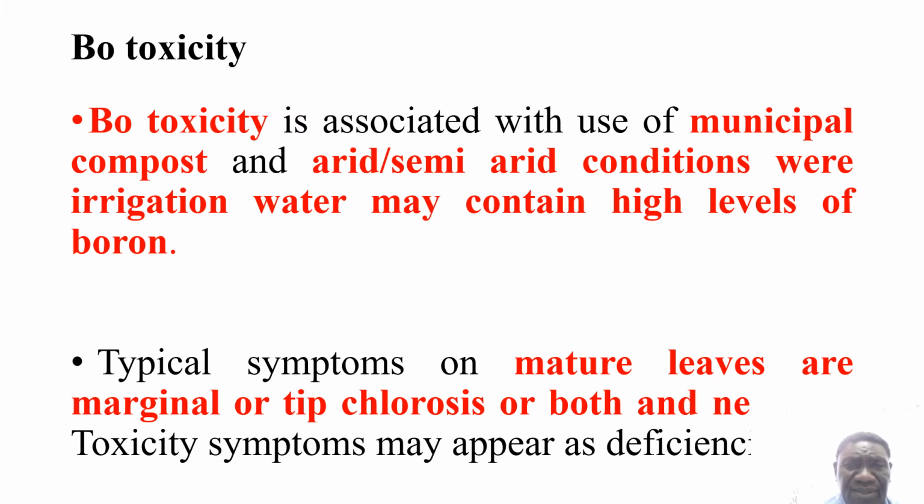Boron toxicity is associated with use of municipal compost and arid, semi-arid conditions where irrigation water may contain high levels of boron. Typical symptoms on mature leaves are marginal or tip chlorosis or both. Necrosis. Toxicity symptoms may appear as deficiency.